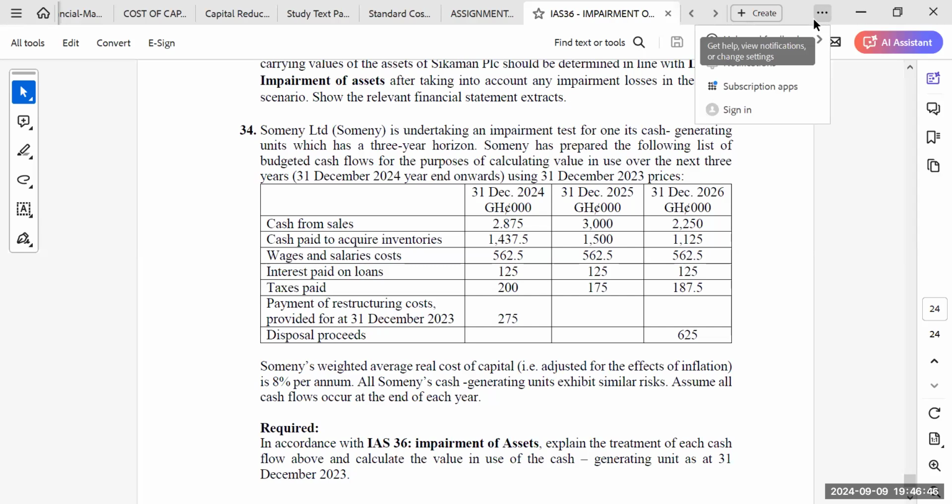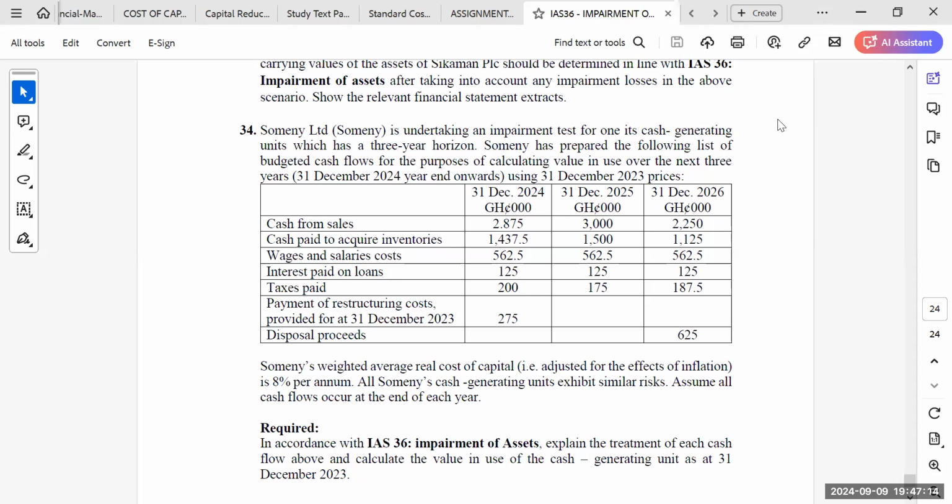All Samoni's cash generating units exhibit similar risks. Assume all cash flows occur at the end of each year. Required, in accordance with IAS 36, Impairment of Assets: explain the treatment of each cash flow above and calculate the value in use of the cash generating unit as at 31st December 2023. All right, thank you.